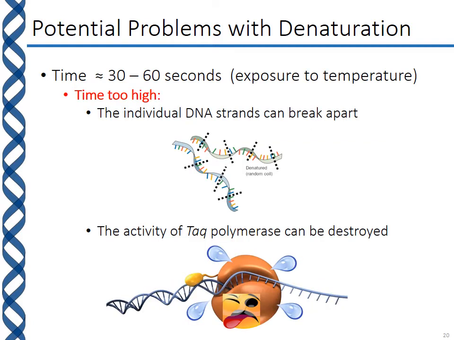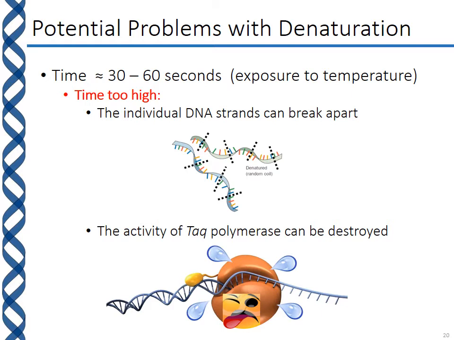So the problems that we see with too long of a denaturation step are exactly the same ones that we saw with too high a temperature. That is because, in fact, the time is not itself the critical parameter to these negative effects. It is too long of a time at the high temperature required for denaturation.